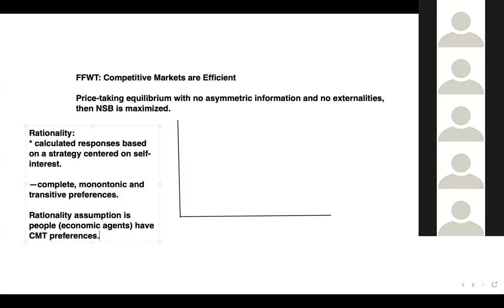If you asked me, I would rather not use rationality at all and just say economic agents have CMT preferences. And you know why that is?